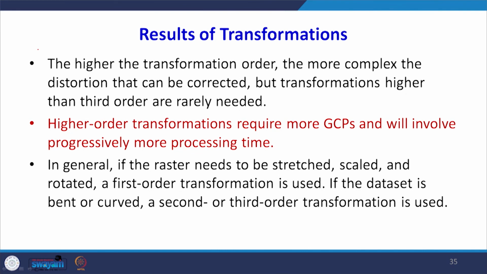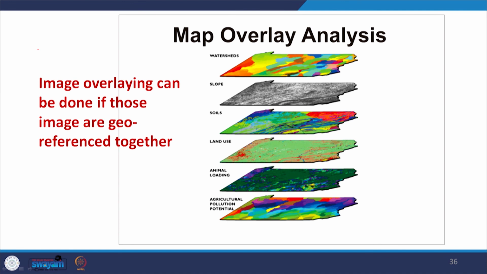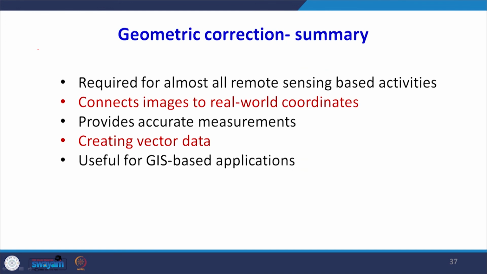When we are transforming the image with the help of the higher order polynomial or the lower order polynomial, the higher order polynomial will take much more time also, because the image processing time taken will be more, and also the selection of the control points will take time. So, map overlay analysis can be carried out once the images are georeferenced together. You can apply the geometric corrections to the images in order to carry out the change analysis, in order to carry out the measurements from the data.